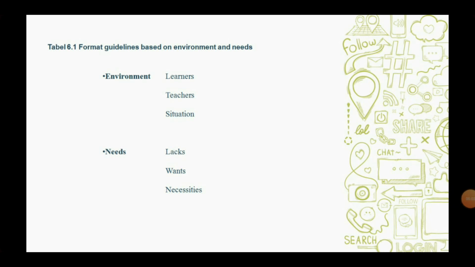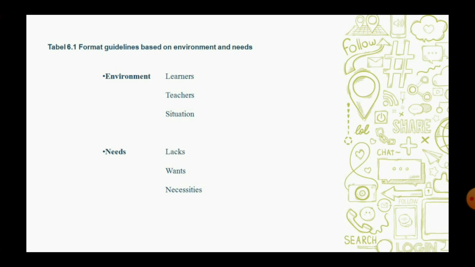For the teacher, the activities should be able to be presented and managed by the teacher. For example, the teacher should be able to organize group work. And for the situation, the course book should be easy to carry. And then the material in the course book should not be too expensive.